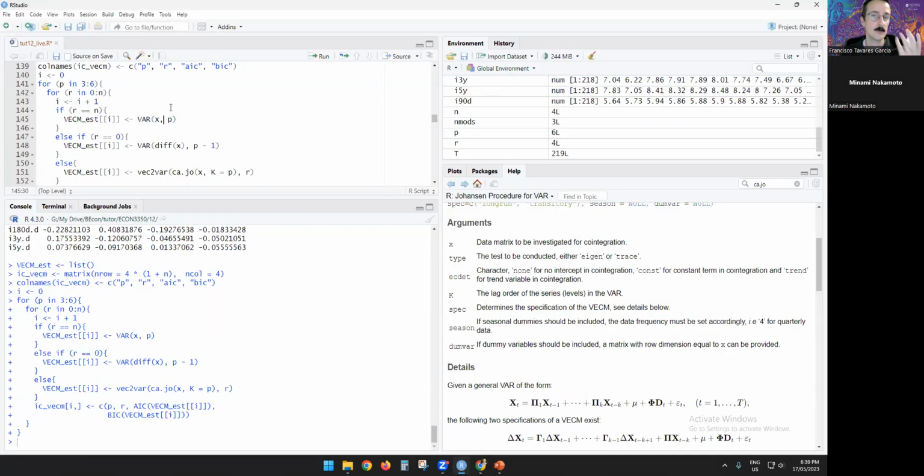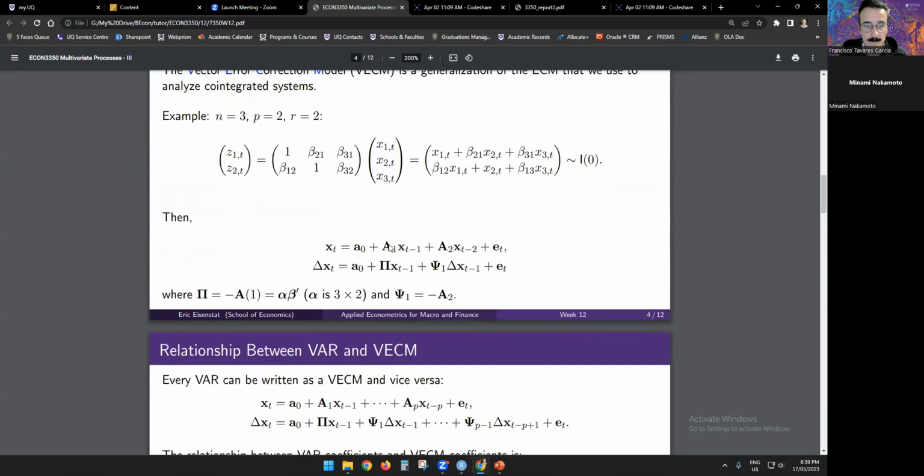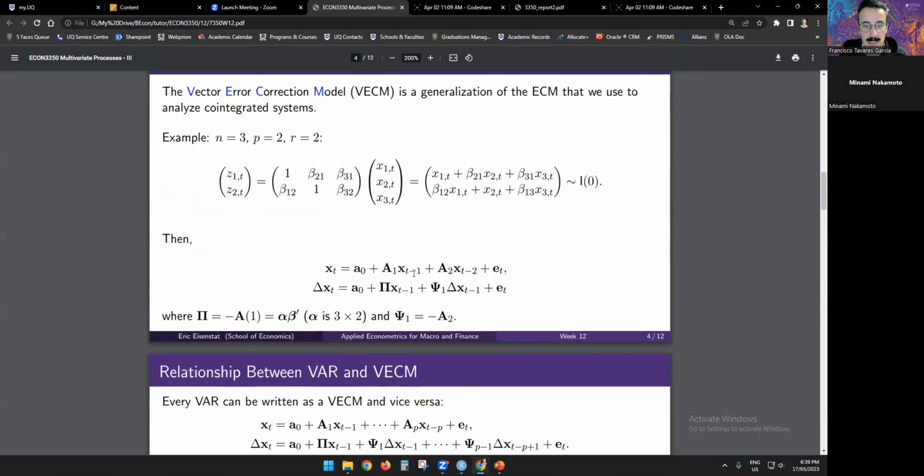But the other one, more interesting than that: if we're considering our rank is equal to 0, then what we're doing with this VECM is actually just taking the same VAR for a difference of X with 1 less lag. Because what is going on is the following. Look at this term here.